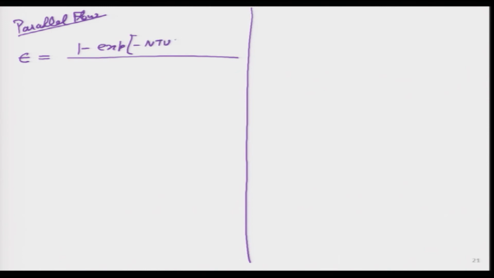So, what we are getting is that for parallel flow it will turn out to be a very simple expression like this ratio over here. So, epsilon equals 1 minus exponential of minus NTU times 1 plus CR, divided by 1 plus CR, that is it.